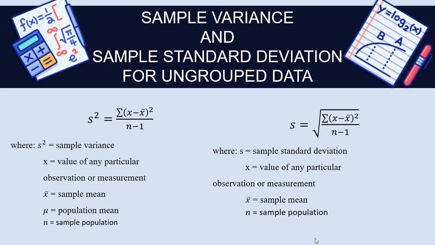Unang gagawin natin dito is we will be finding the average or the mean, and then makikita po natin yung distribution in terms of standard deviation and then yung variance po. So makikita natin yung pagkakaiba po nilang dalawa.